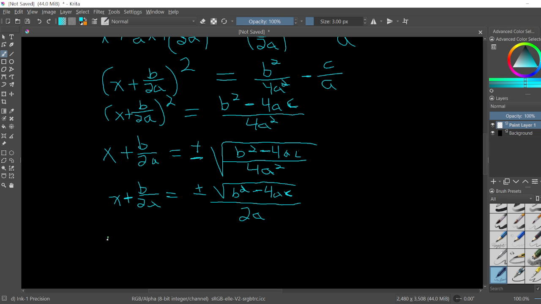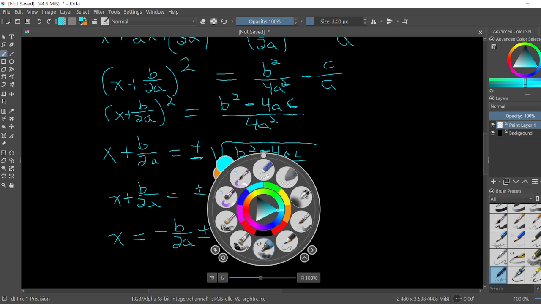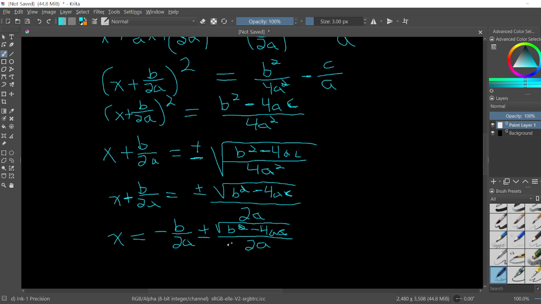Now the last thing I have to do is solve for x by subtracting b over 2a from both sides. Well, this does have a common denominator of 2a.